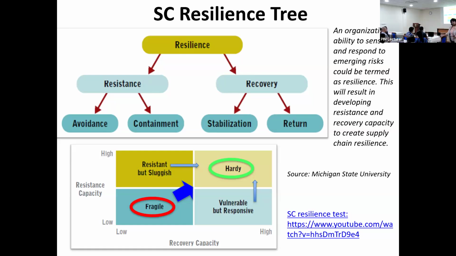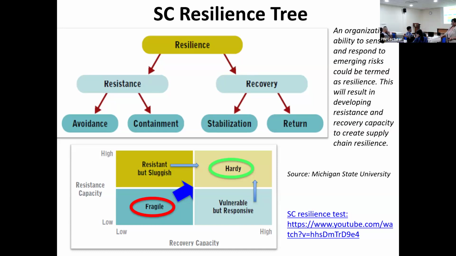Now, if you have good resilience in the company, the two aspects that you will look at: your ability to resist such a risk can be higher, and also, resisting is one thing, but recovery, coming back to normalcy, is another thing.